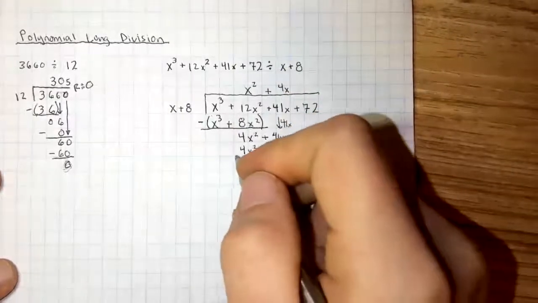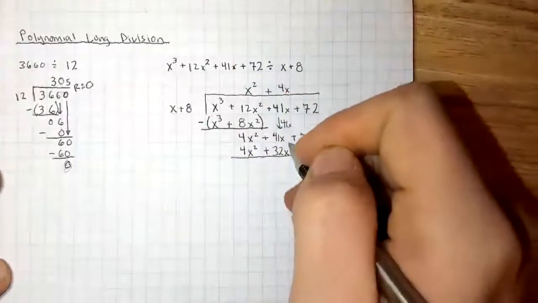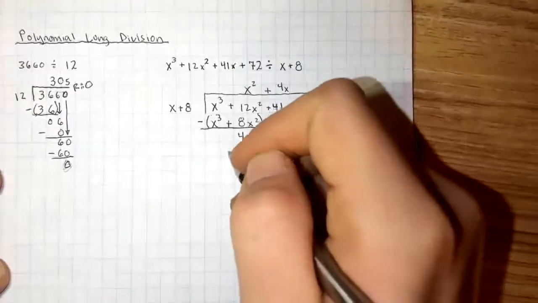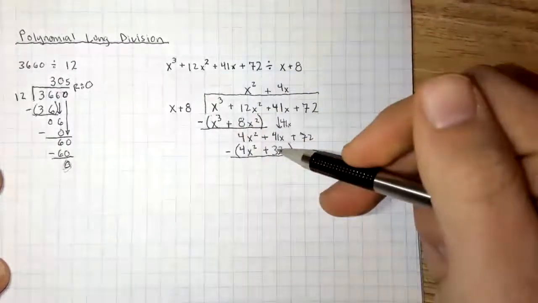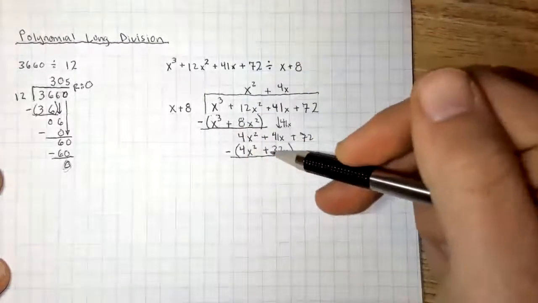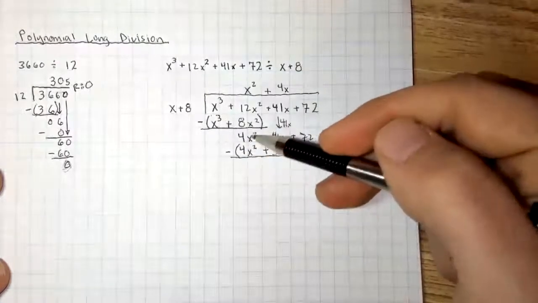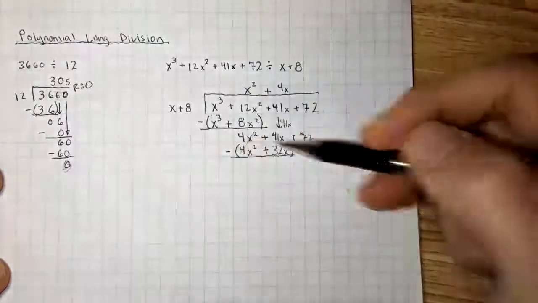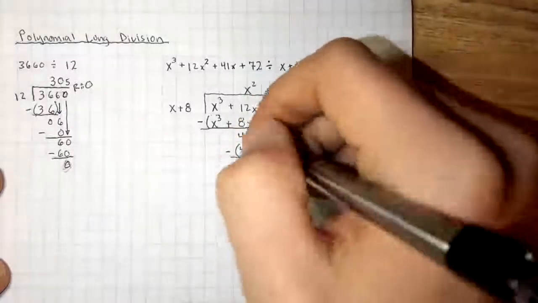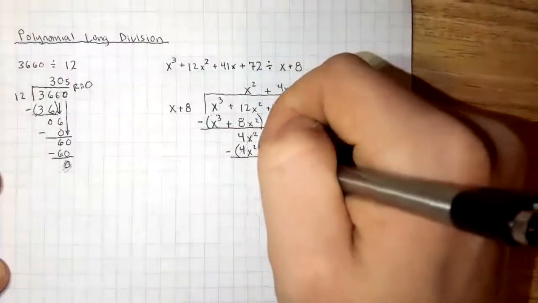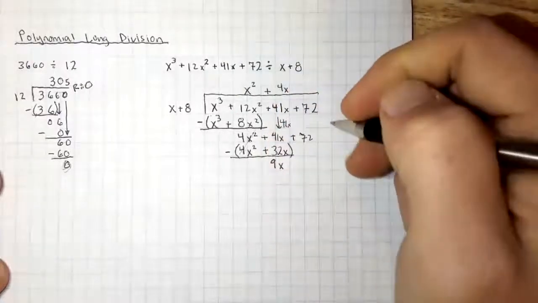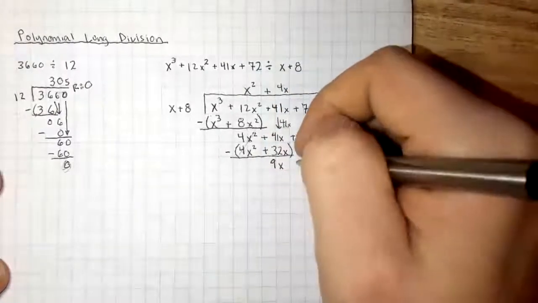Fantastic. After multiplying, we subtract. Don't forget, wrap it in parentheses to help you keep track of what you're actually subtracting or adding. So 4x squared minus 4x squared, all those cancel each other out. 41x minus 32x leaves us with 9x. And then I'll bring down the 72.